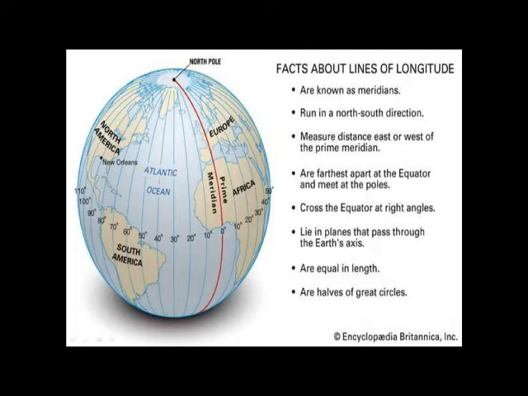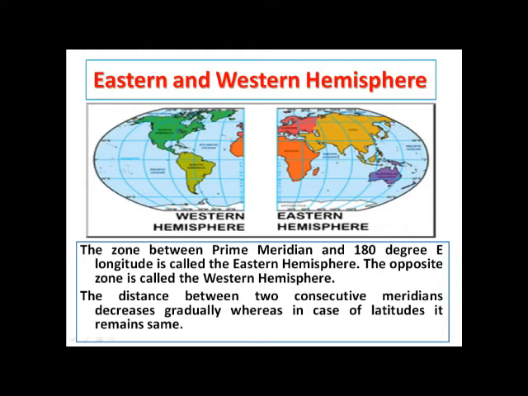If we combine east and west, then we will get a complete circle. If we don't combine it, we will get a half of the great circle.